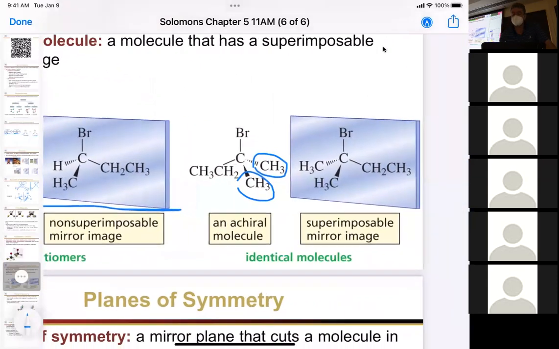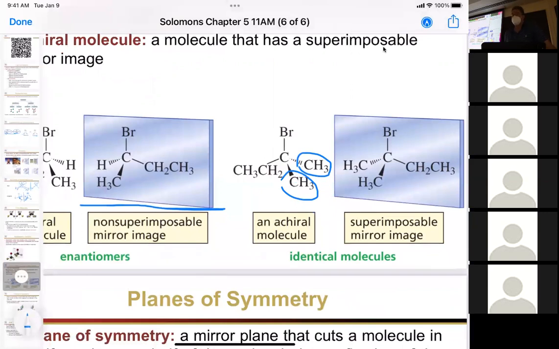When we draw its mirror image, all we have to do is rotate it 180 degrees and it'll overlap. So we see how changing that hydrogen to a methyl group allows it to rotate 180 degrees and completely overlap with the previous molecule. So that means this is an achiral molecule, and this is a chiral molecule.